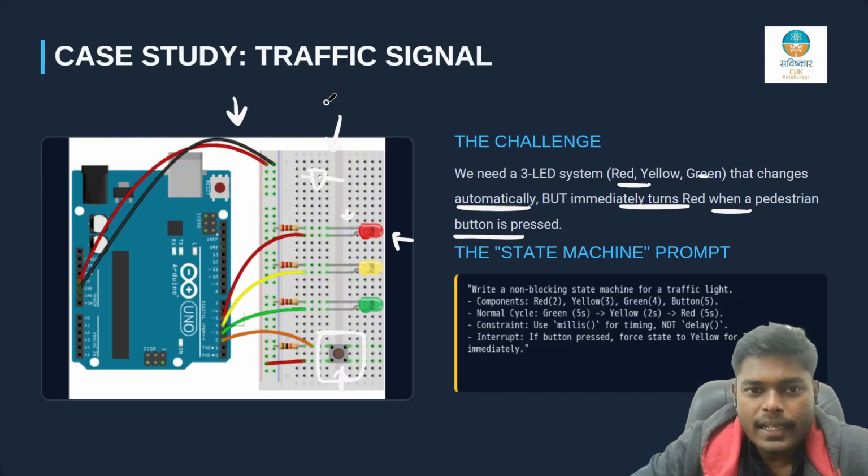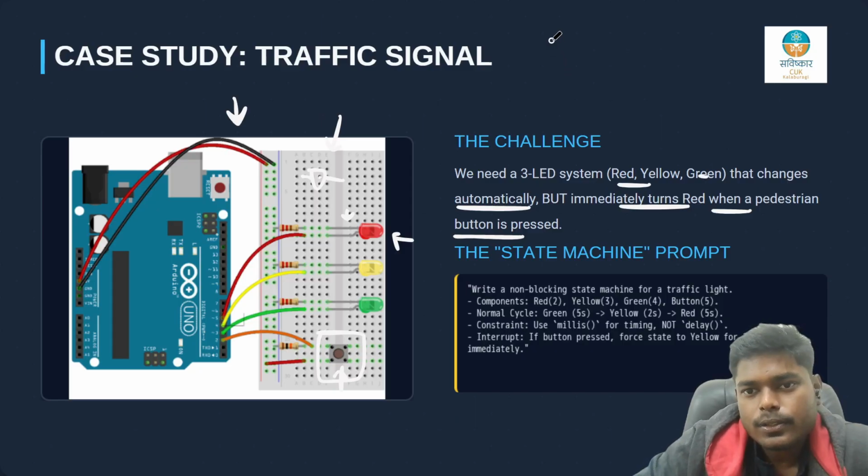But the moment a pedestrian is at the zebra crossing, say this is one end of the road, this is another end of the road, and here I'm having a pedestrian button. This is our pedestrian button, and our cars are going like this. This is our signal.